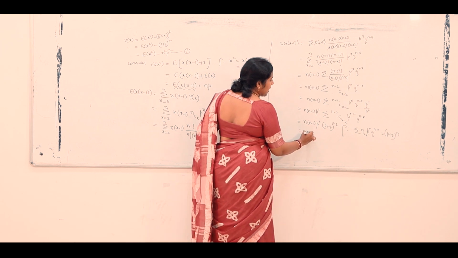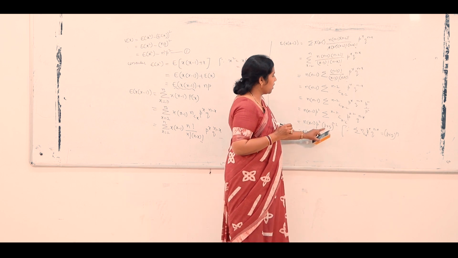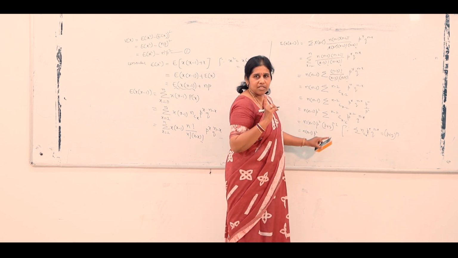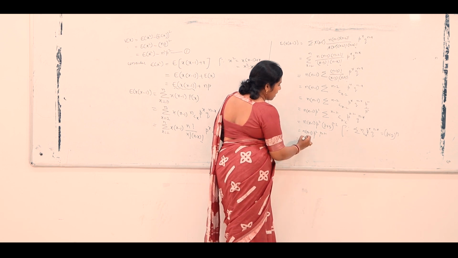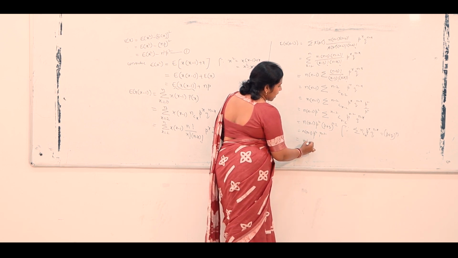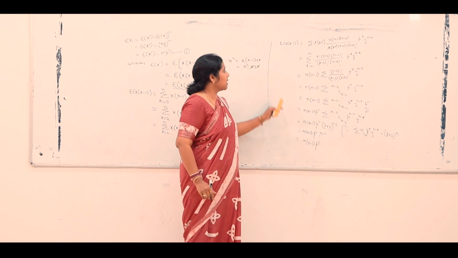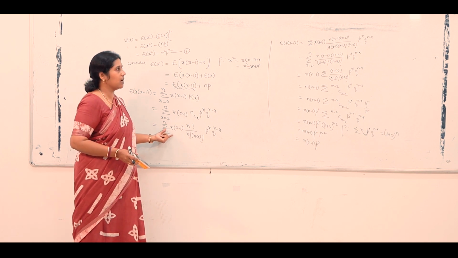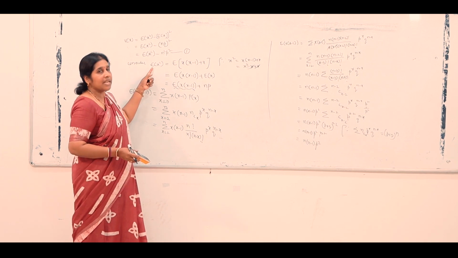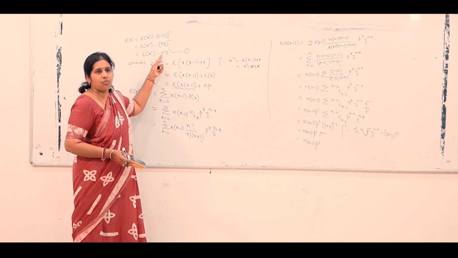So n into n minus 1 into p square, and p plus q, probability of success plus failure, is 1. So 1 power n minus 2. Anything to the power 1 is 1 only. So n into n minus 1 p square. This is the derivation of your x into x minus 1. If you substitute over here, we get the value of your second moment. Once we get the second moment, easily we can calculate our variance.